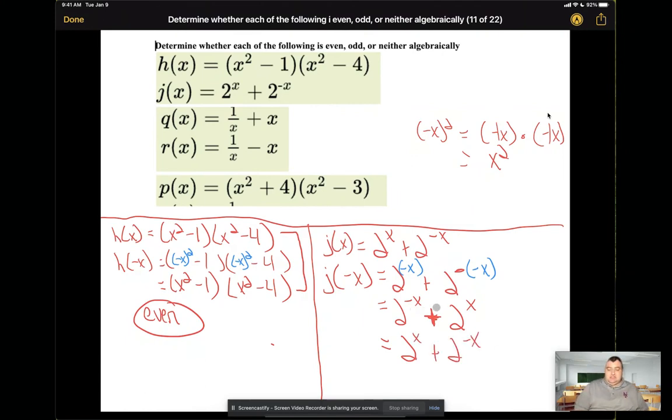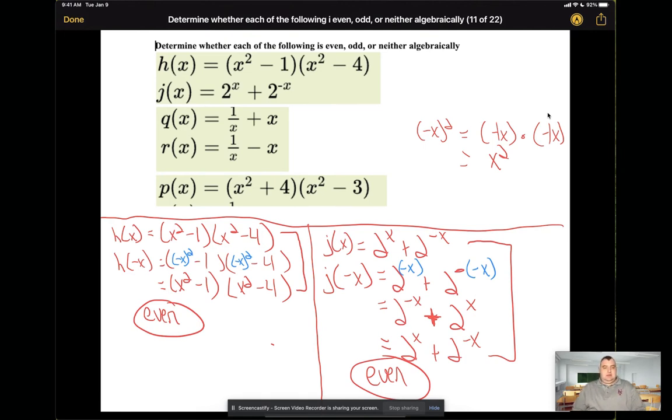So because there's addition here, I can change the order of the terms without changing the function. By doing that, notice now it looks exactly the same. So j is also an even function, and we proved that algebraically.